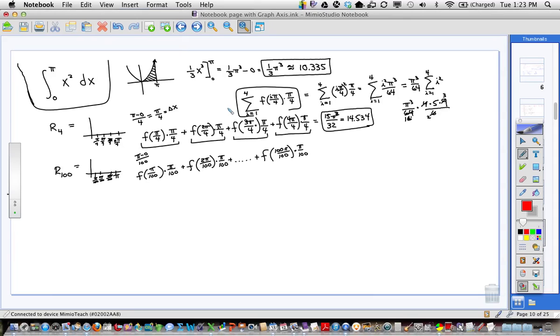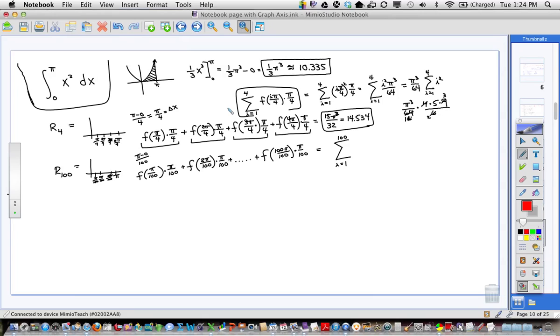So what would be much shorter? Make it into a sigma. Now, how hard is that going to be? The sigma is going to go from 1 to 100 this time. And we look for the pattern. The f is going to be f, the 100 is going to be 100, the pi over 100 is going to be pi over 100.